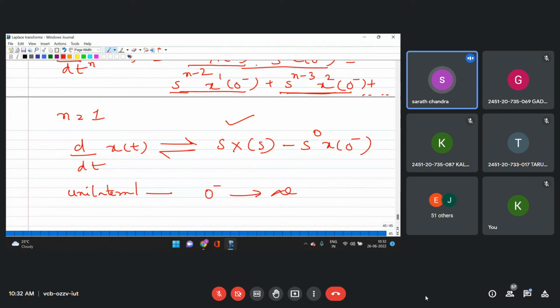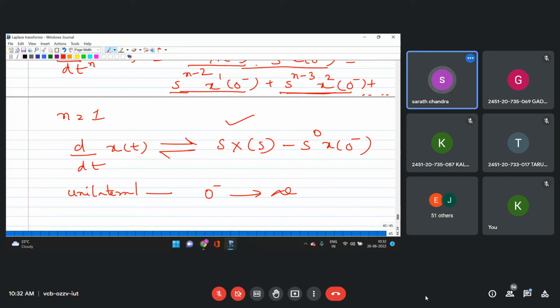Generally we take 0 to infinity, one-sided, but exactly it is 0 minus, not 0. So practically speaking, we have to go with 0 minus. For bilateral, of course, minus infinity to plus infinity. If it is unilateral, one-sided, we generally go with 0 to infinity, but actually we have to go with 0 minus, slightly less than 0, very negligibly less.